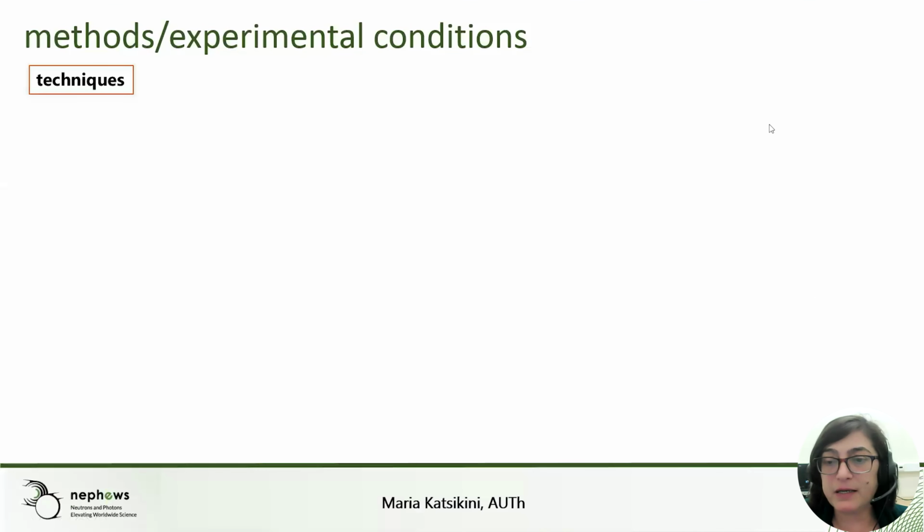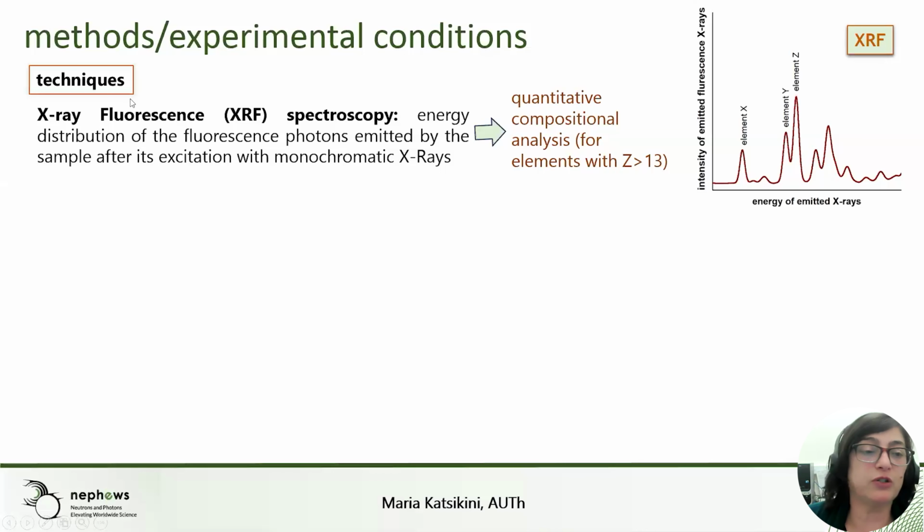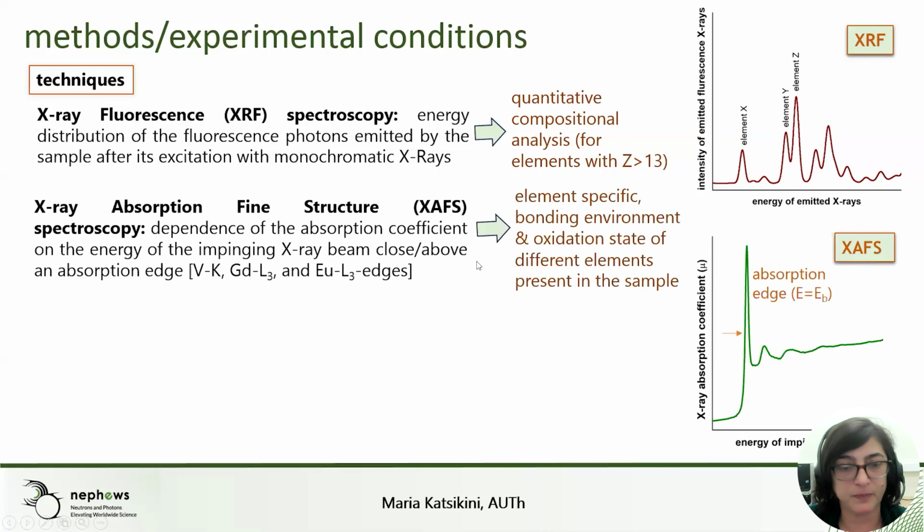Now, regarding the techniques, as I mentioned, we have used X-ray fluorescence spectroscopy, which studies the energy distribution of the fluorescence photons emitted after the sample excitation with monochromatic X-rays. This method is suitable for quantitative analysis of the samples, and it can detect elements with atomic numbers higher than 13.